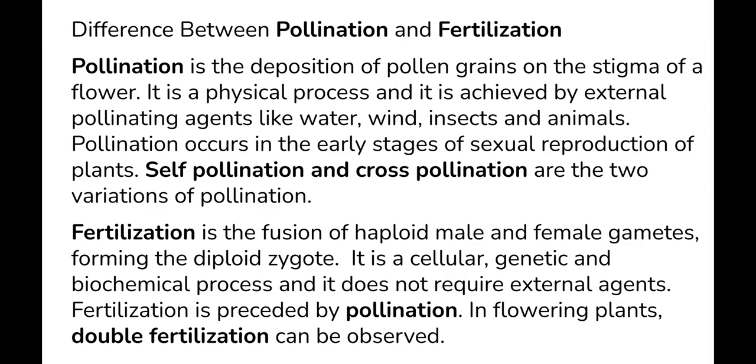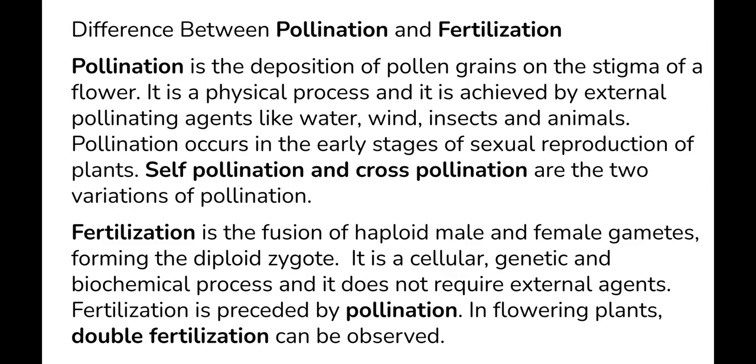So first, pollen is coming and sticking to the stigma. This sticking occurs in early stages of sexual reproduction of plants, and of course can be self-pollination and cross-pollination, two versions of the pollination. Then fertilization is the next stage.